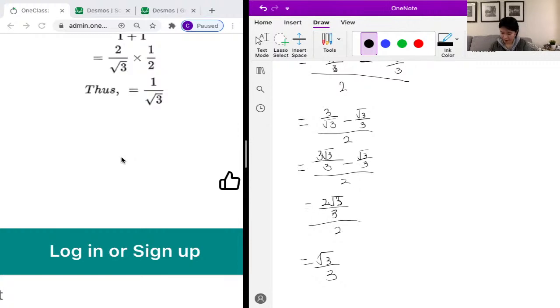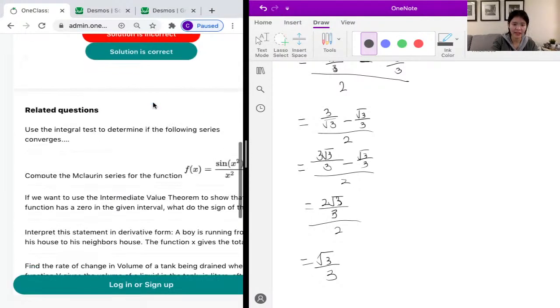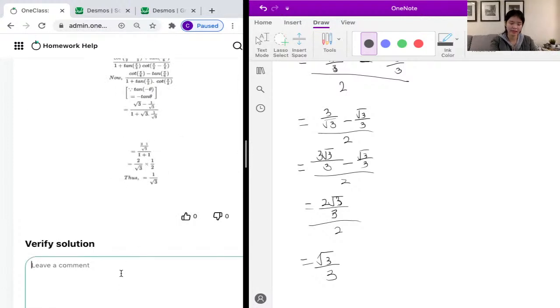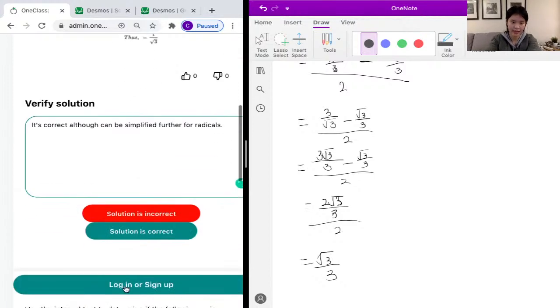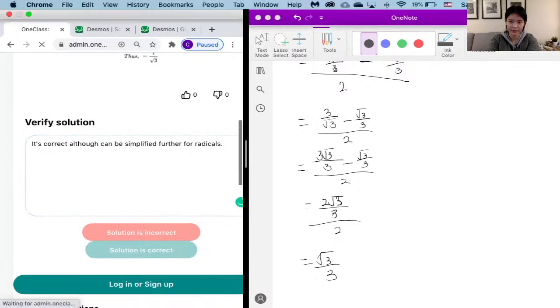They didn't quite fully simplify it because technically, if you have radicals in the denominator, it's not simplified, because radicals have to be in the numerator for fractions. But I think this is good enough because it's in the trig context. So I guess this could pass. Let's just say it's correct, although it can be simplified even further for radicals. Okay, and let's just say the solution is correct.